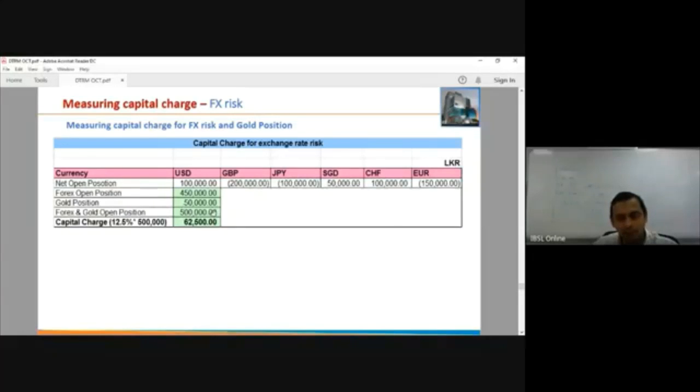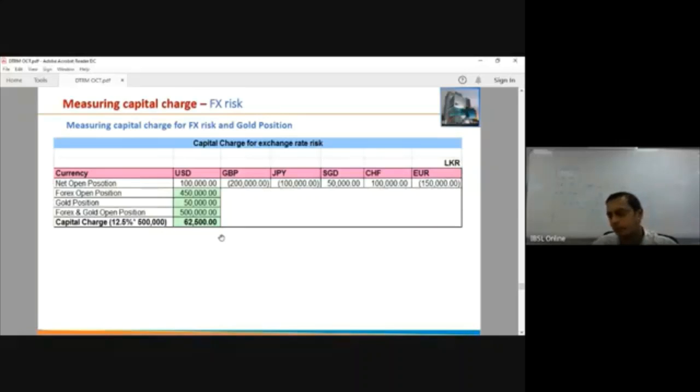The capital charge for your foreign exchange and gold position is computed similarly by multiplying by your total capital adequacy ratio. So it could be 12.5% or 14%, depending on DSIB or non-DSIB. Right? So this is how we compute the capital charge for foreign exchange and gold positions.